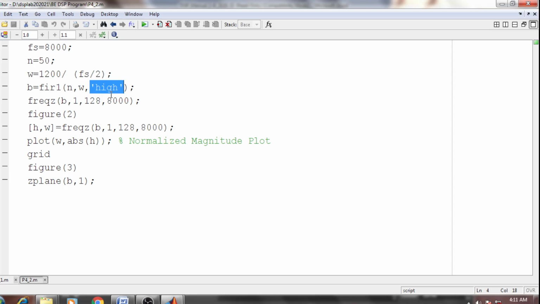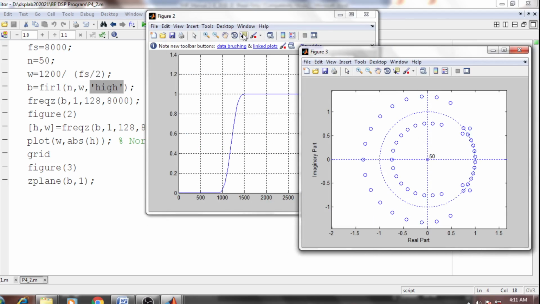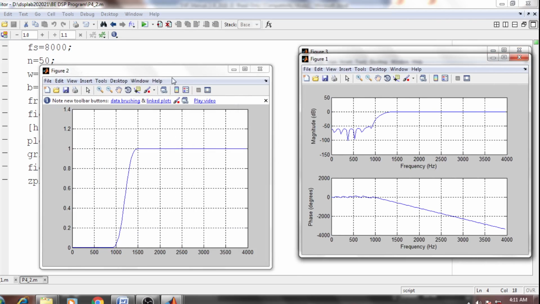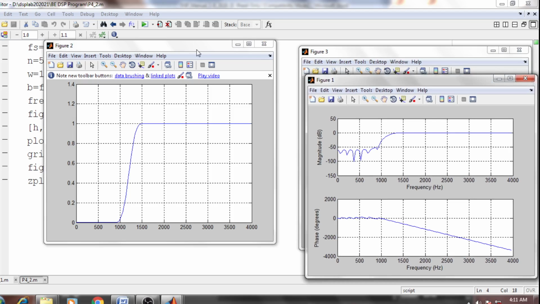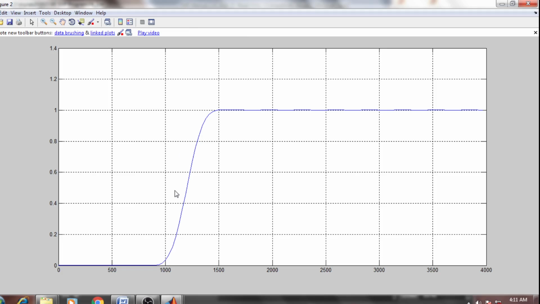Okay, so now I am running this program. Once you run the program, you can again see three windows. Magnitude and phase plot, then the high pass filter, and the Z plane. I am telling you one by one. This graph does the separation between pass band and stop band at about 1200 hertz.